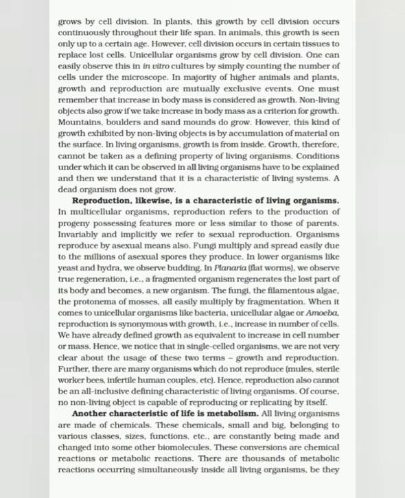Further, there are many organisms which do not reproduce: mules, sterile worker bees, and infertile human couples, etc. Hence, reproduction also cannot be an all-inclusive defining characteristic of living organisms. Of course, no non-living object is capable of reproducing or replicating by itself.